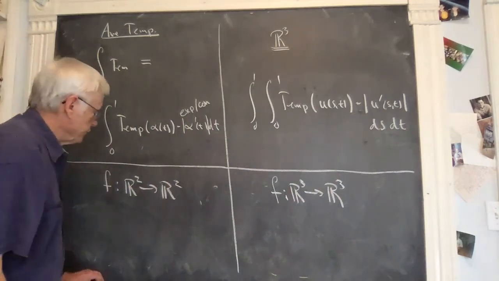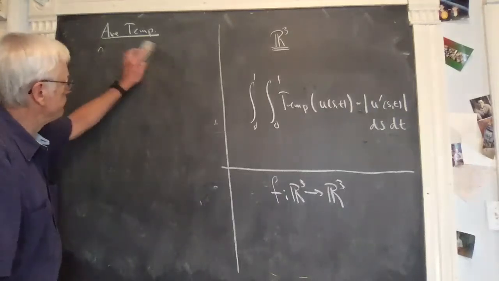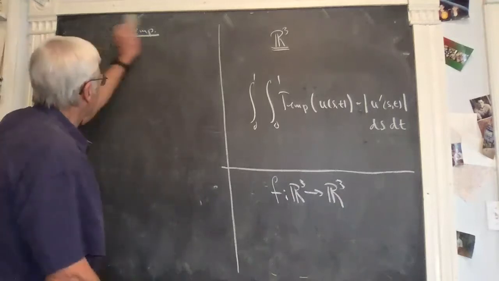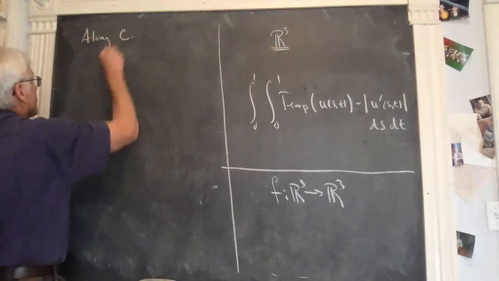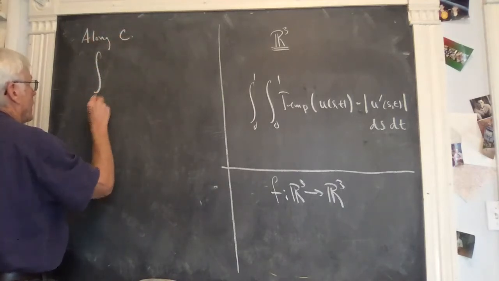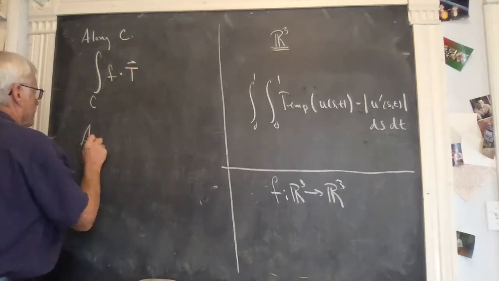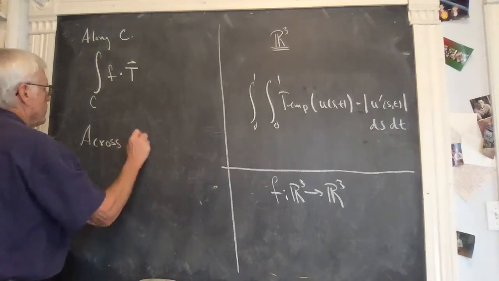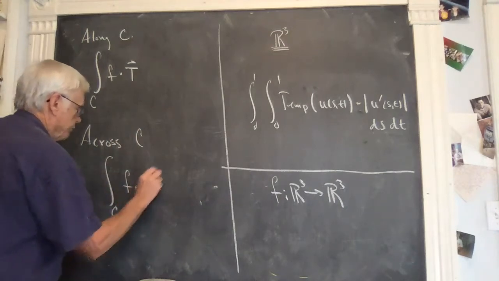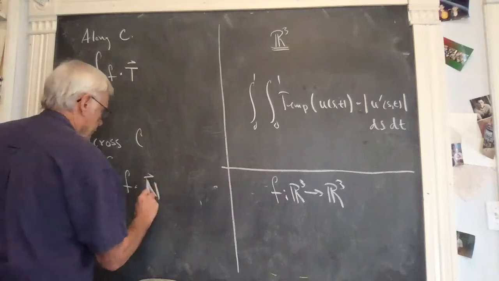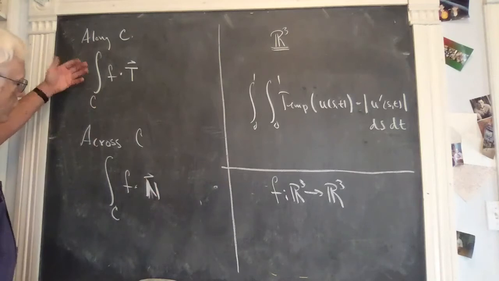In R2, there are 2 integrals that we have done on curves. Along the curve, this is the integral on the curve of F dot T, and across C, which is the integral over C of F dot N. And so these 2 concepts we've looked at.